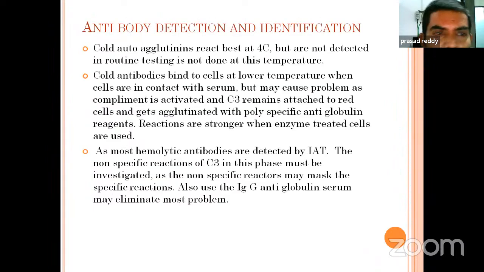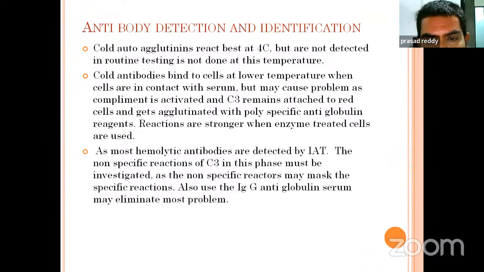Antibody detection and identification: cold autoagglutinins react best at 4 degrees Celsius, but are not detected in routine testing as it is not done at this temperature. Cold antibodies bind to cells at lower temperature when cells are in contact with serum, but may cause problems as complement is activated and C3 remains attached to red cells and gets agglutinated with polyspecific antiglobulin reagents.